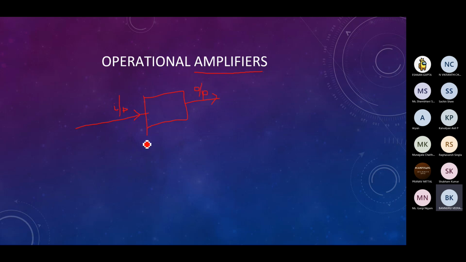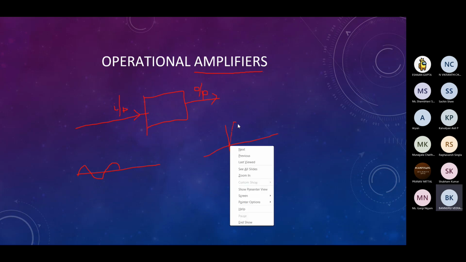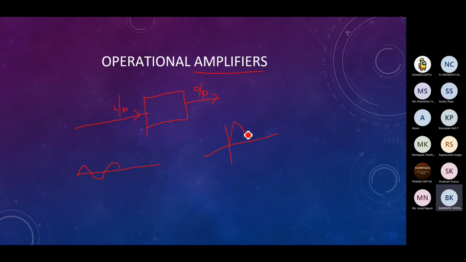For example, if we take a sinusoidal like this, we will get an output somewhat like this. That is the amplified version, the amplitude gets larger.